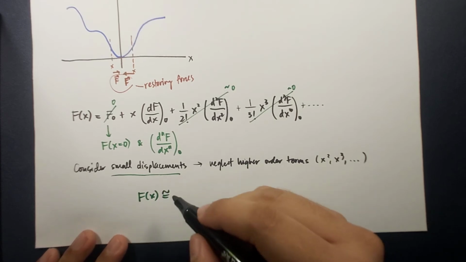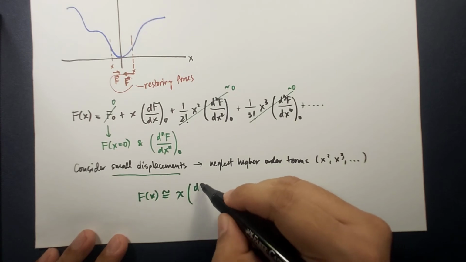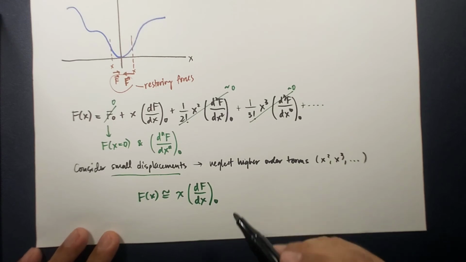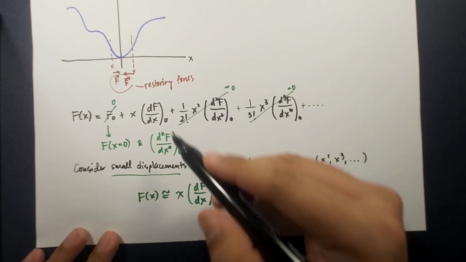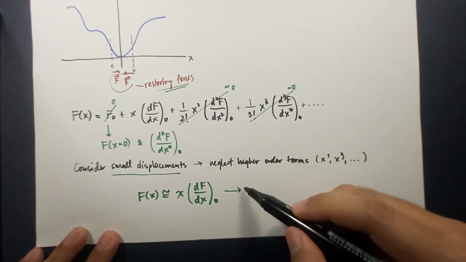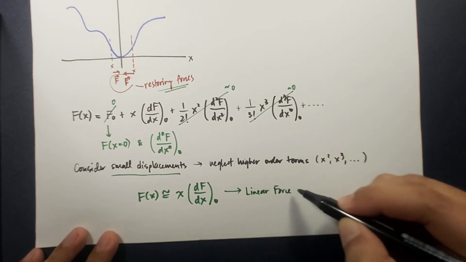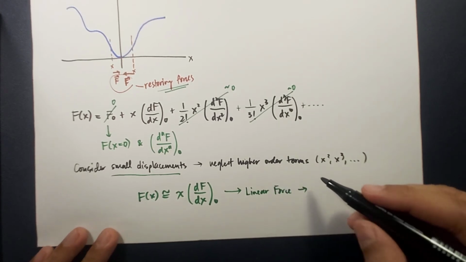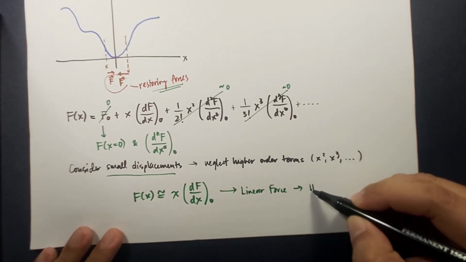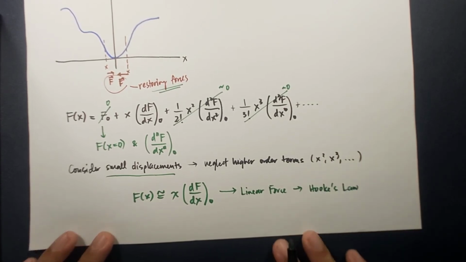Under these considerations, the force function can now be approximated to be equal to x times the derivative of F with respect to x evaluated at the origin. So we show here that this restoring force is linear in nature, and this approximates what is commonly known as Hooke's law.